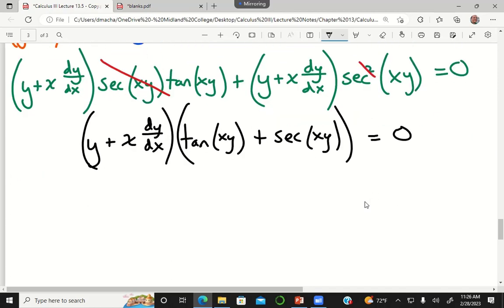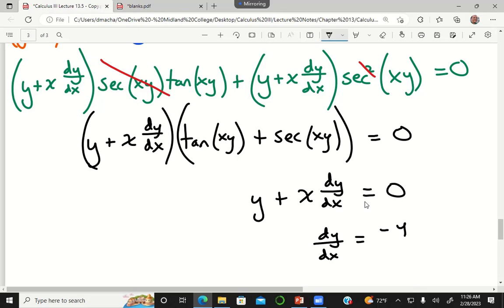And so, again, I could divide both sides of my equation by tangent xy plus secant xy. I'm going to get y plus x dy dx is equal to 0. So then dy dx would be equal to negative y over x.